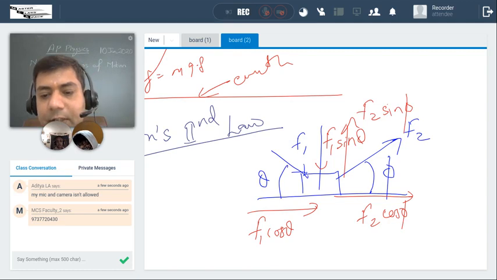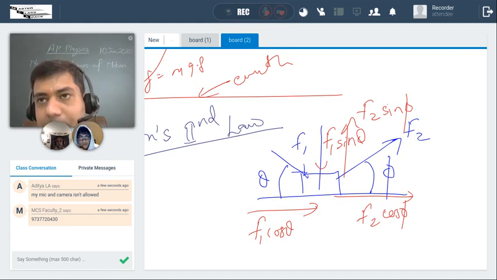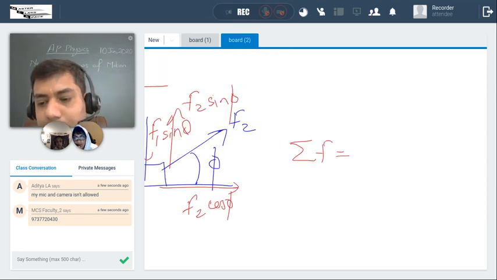Basically, when I'm dealing with this one, the total, it deals with the summation of all the forces acting on the body, which is going to be equal to mass into acceleration. Got it?